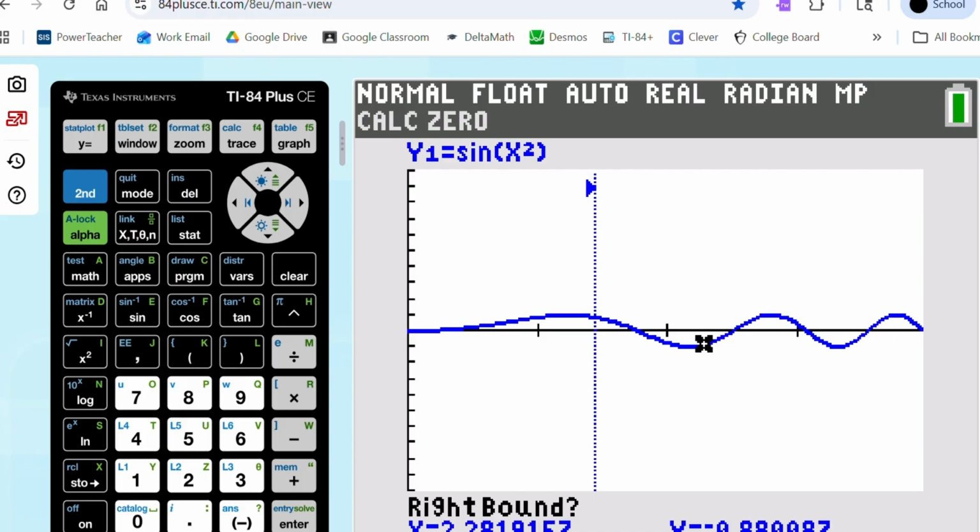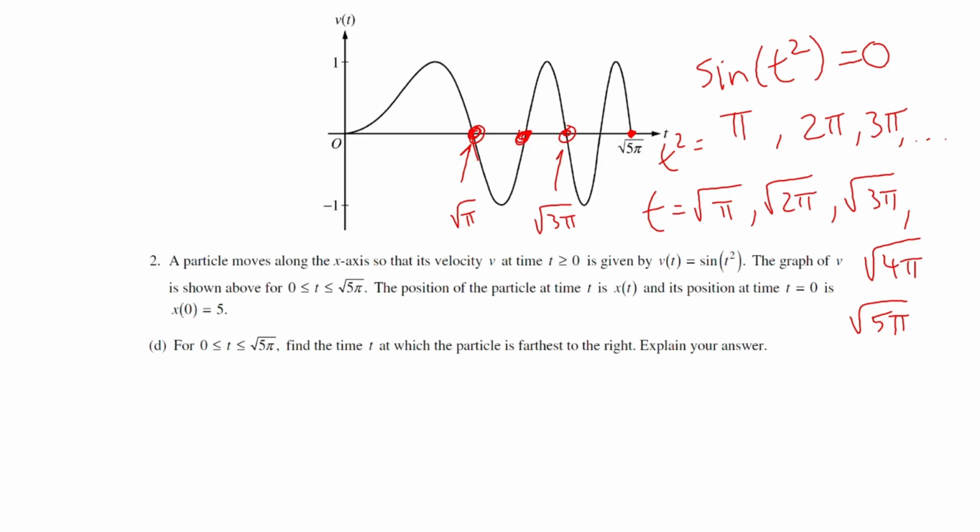Hit enter again, and then hit enter a third time, and it'll tell you 1.7724539. So that's this one. You could find the decimal approximations of the other ones as well, but we'll just stick with the original values.